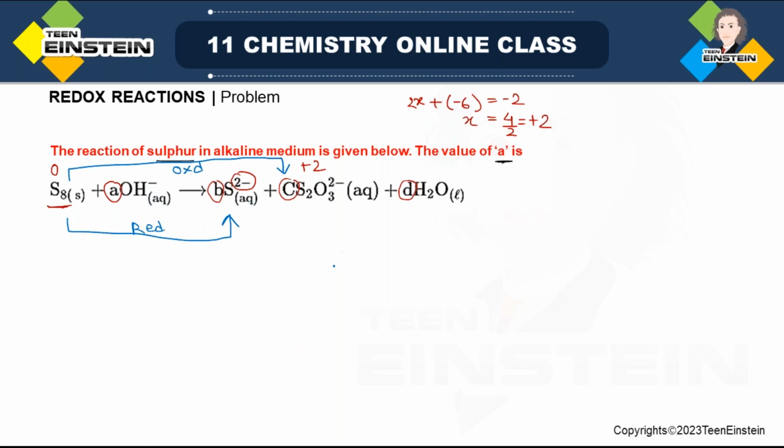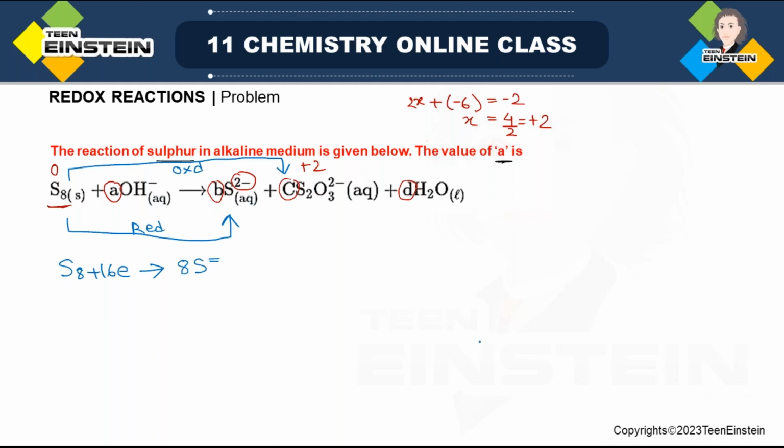So I will write it into half equations. First I will write S8. It is converted to S 2 minus. We will balance the sulfur, it will be 8. Next step, the total negative charge is 16 on the right hand side. So on the left hand side it is 16 electrons, and electrons will always be on the left hand side because it is a reduction reaction.